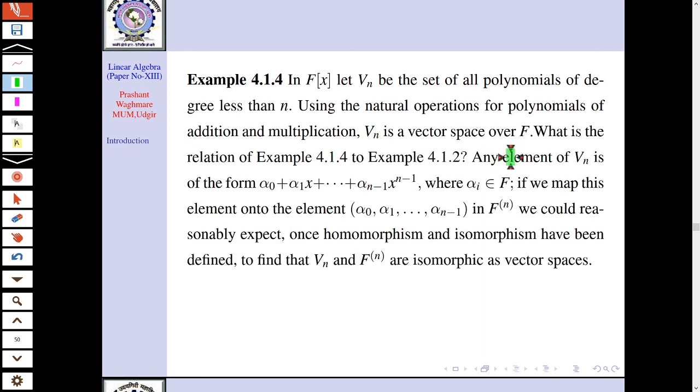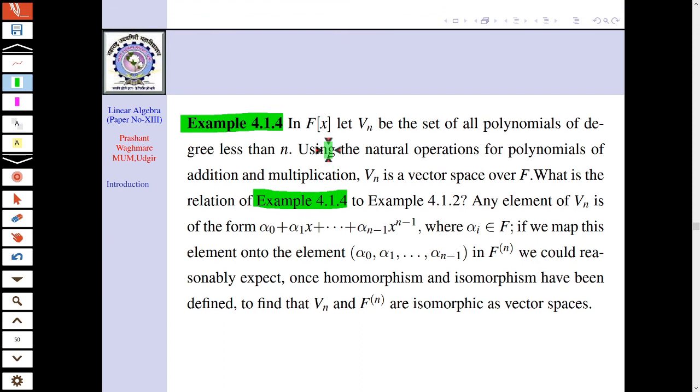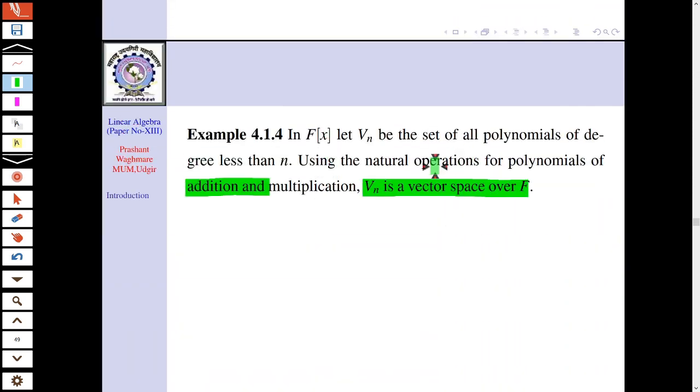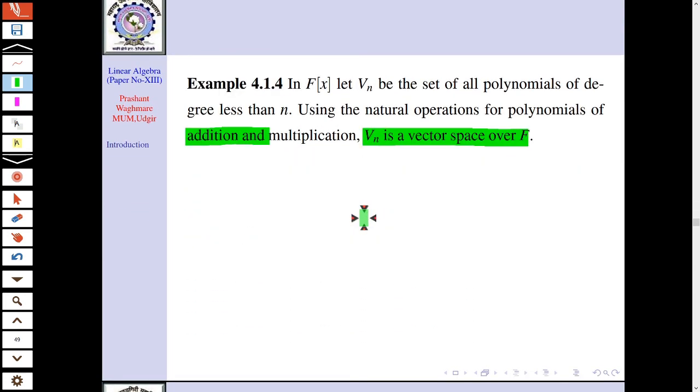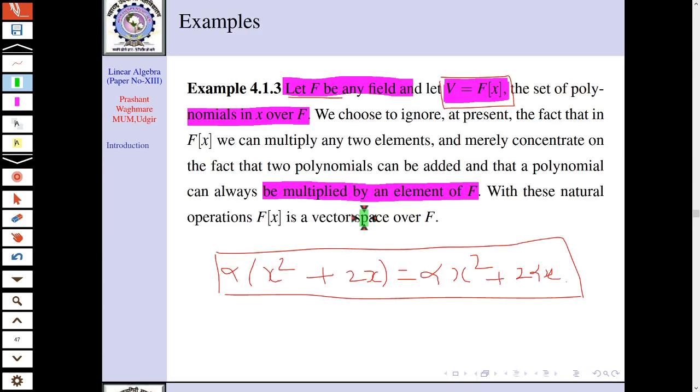Now one can observe the relation between this example and the previous example. That previous example is a bigger set, because in the previous example we haven't restricted the degree of the polynomial, right? You can see here this is a set of all polynomials, there is no restriction over the degree of the polynomial.